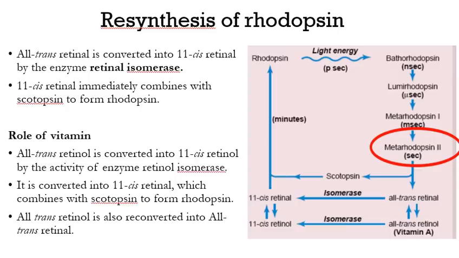You find that the all-trans retinal has been converted into 11-cis retinal. This is the resynthesis itself, where an enzyme known as retinal isomerase is involved. So 11-cis retinal then combines with scotopsin to form rhodopsin.